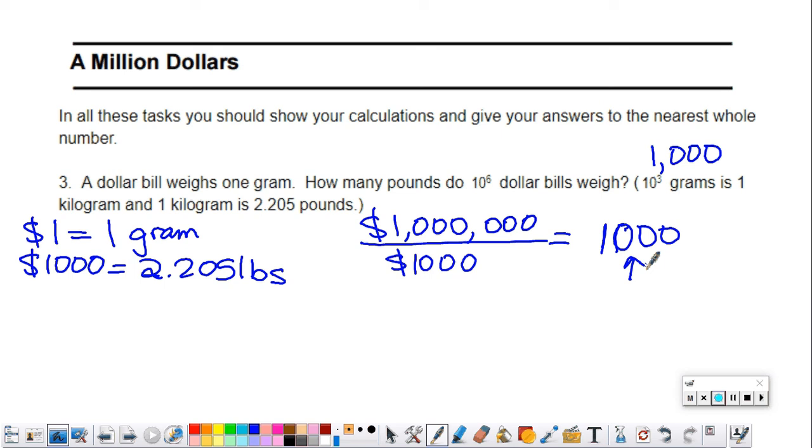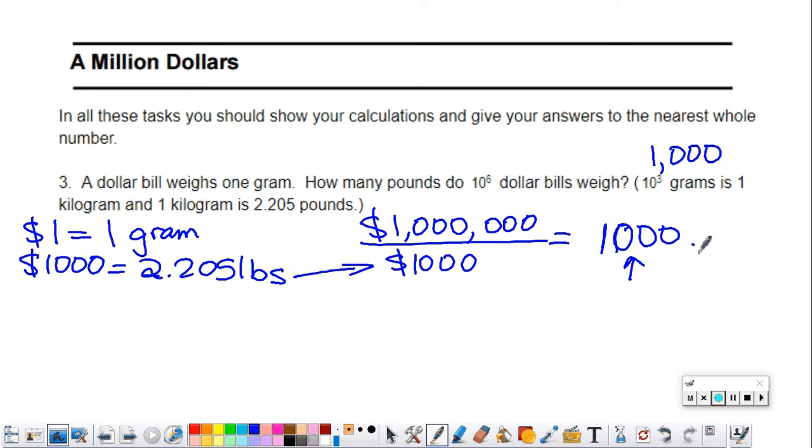Well, we multiply it by the number of pounds it weighs, right? Each set weighs that much, 2.205 pounds. We know that there's 1,000 sets of those, so we multiply the 1,000 sets by what each one weighs, right? The unit rate.